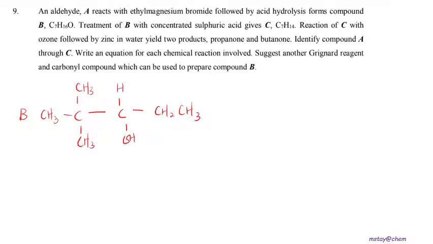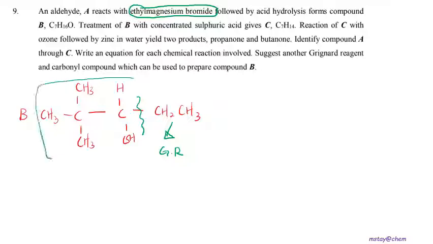Based on the previous slide, this part with the 2 carbon is from the Grignard reagent, because the question says ethyl magnesium bromide. So that means the structure of the aldehyde will be around here. The functional group for the aldehyde is C double bond OH.